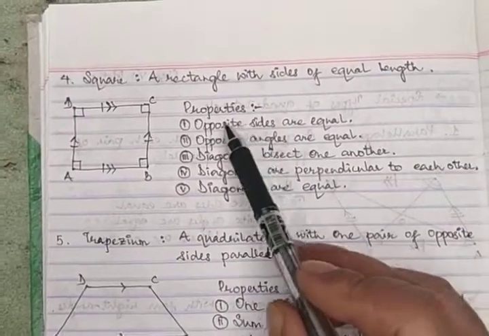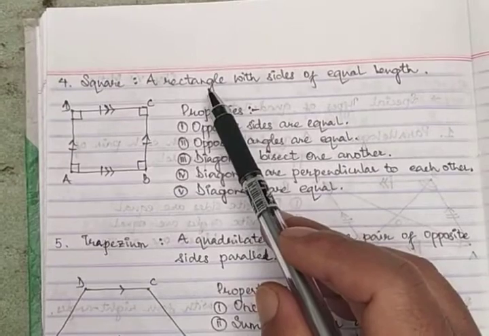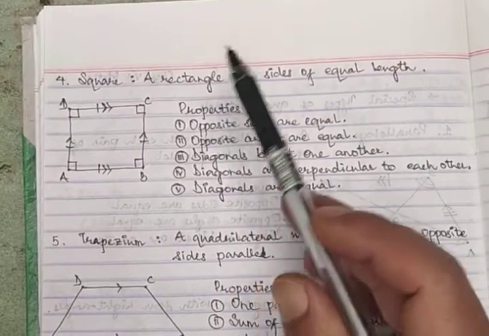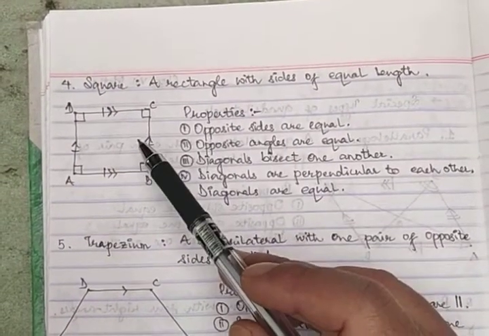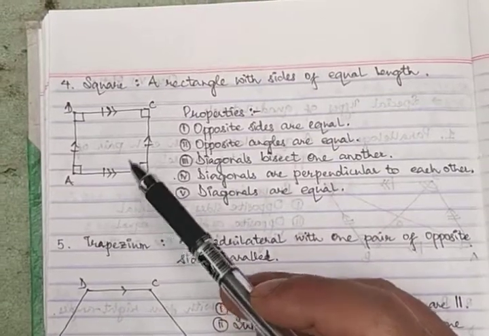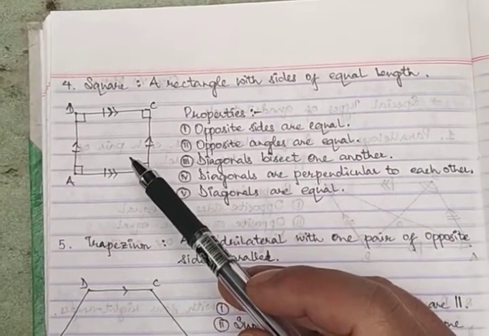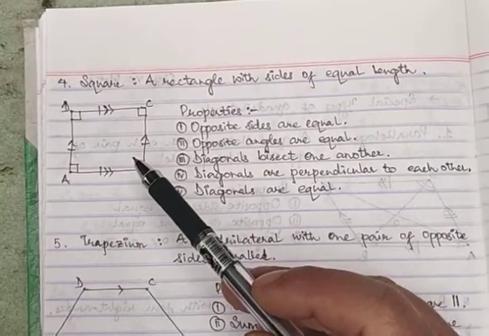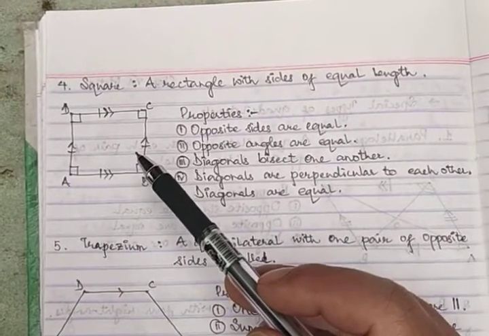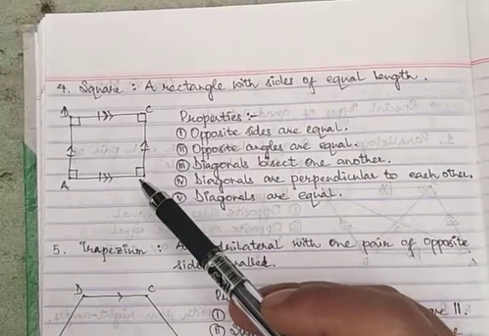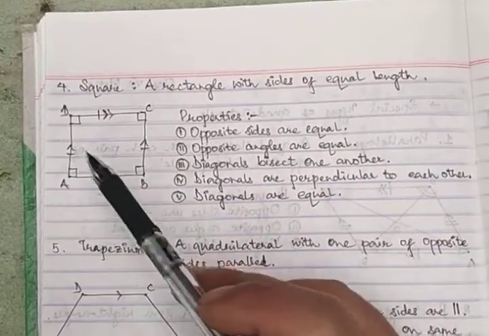So it will show all the properties of a rectangle, and since a rectangle was showing all the properties of a parallelogram, it will show all the properties of a parallelogram as well. What was the additional property of a rectangle beside a parallelogram? What makes a rectangle unique from a parallelogram? Its angles, isn't it? So here all the four angles are equal.